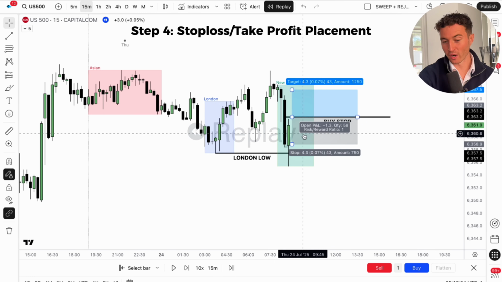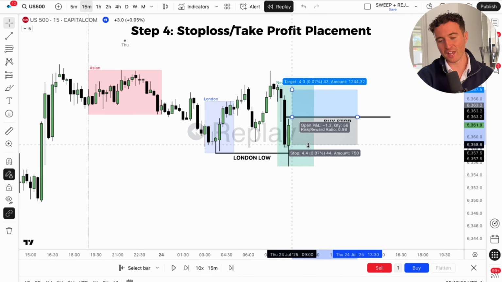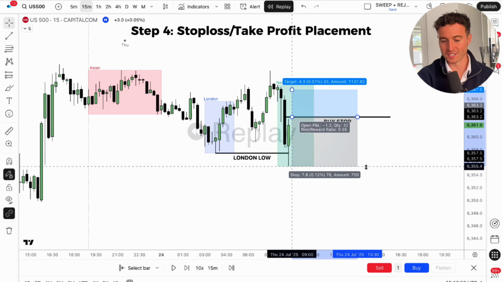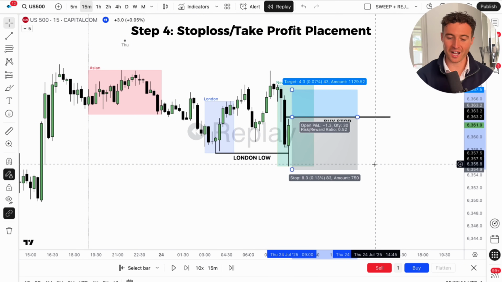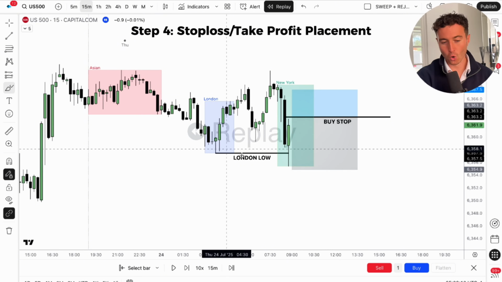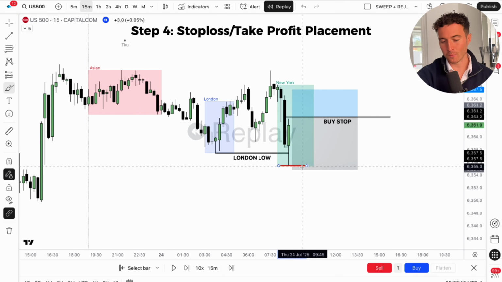Then what I like to do, and what I always do, is put an invalidation at the liquidity sweep low. As you can see, down to the low is 7.8 points. And again, I always like to account for spread. So I'm going to make this 8.3. And this is just, again, to add a buffer below the 15-minute candle low.